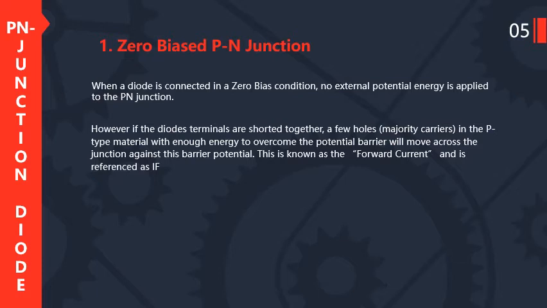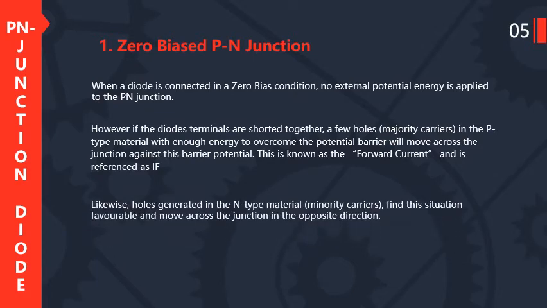This is known as the forward current and referred to as IF. Likewise, holes generated in the n-type material, minority carriers, find this situation favorable and move across the junction in the opposite direction.